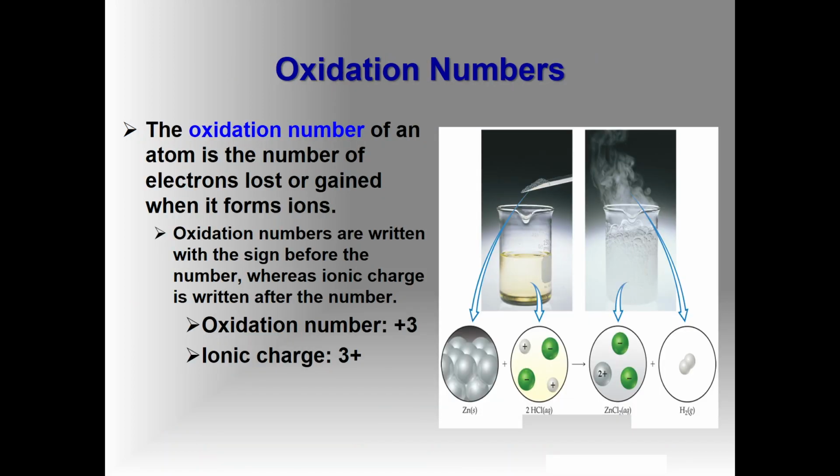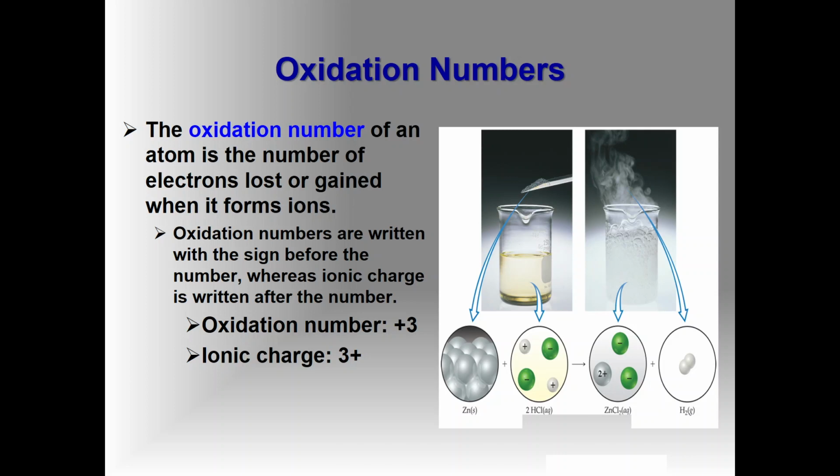So the oxidation number of an atom is the number of electrons lost or gained when it forms an ion. Oxidation numbers are written with the sign before the number, whereas ionic charge is written with the number before the sign. This is where I told you it's important to distinguish between them, but I said it didn't matter. I've been trying to do it throughout the year.